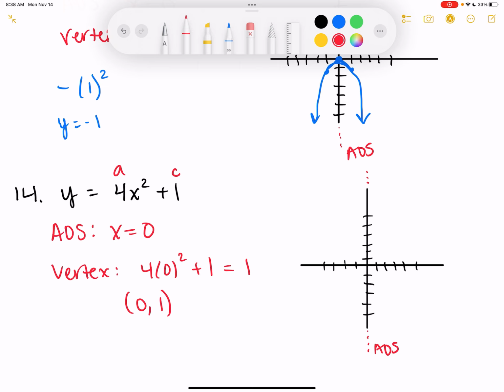And you do have to graph the axis of symmetry for it to be completely right when you're graphing. I am going to be checking for that. So our vertex is at 0, 1. So 0 and 1.